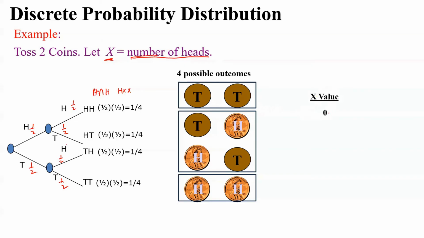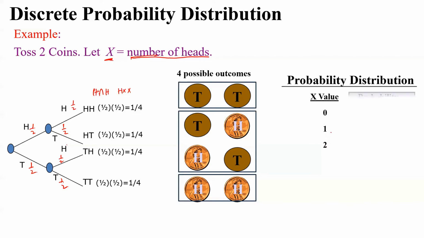We have 0 heads appearing, or 1 head appearing, or 2 heads appearing. So all the X random values are 0 heads, 1 head, and 2 heads. This is how we can simplify it.